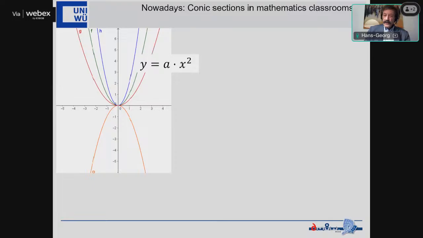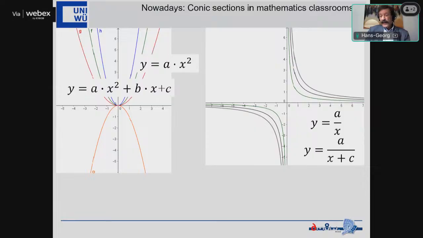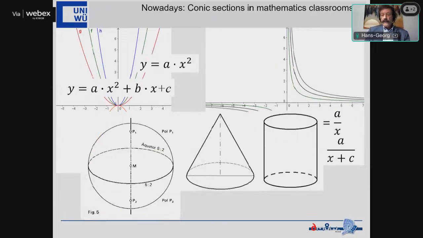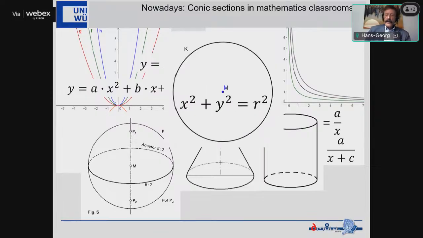And if we look at the mathematics classroom nowadays, where do you find conic sections? Of course, as graphs of a quadratic function, parabolas. Then you find hyperbolas in an anti-proportional function, also a graph. You find ellipses if you draw these solids in 2 dimensions, then the circle comes to an ellipse, and a circle is, of course, a special ellipse, but not more.